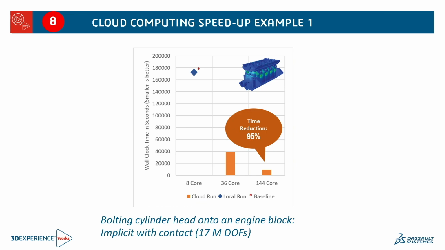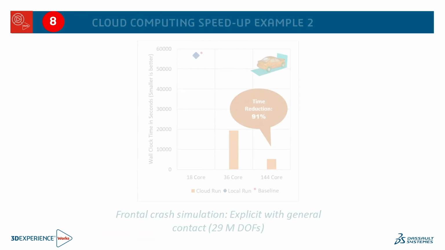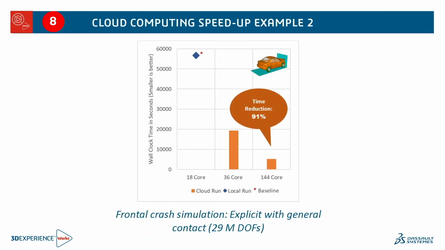So pretty amazing. And then the second example is one of an explicit with general contact. It has 29 million degrees of freedom, and going from 18 cores locally to 144 cores on cloud, we achieve a time reduction of 91%.